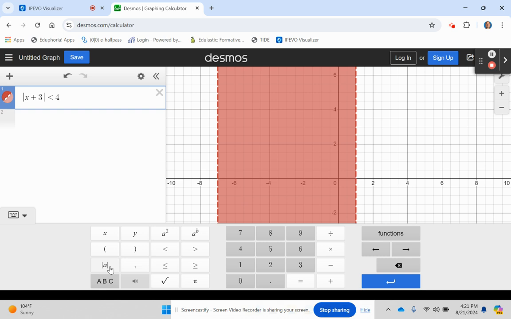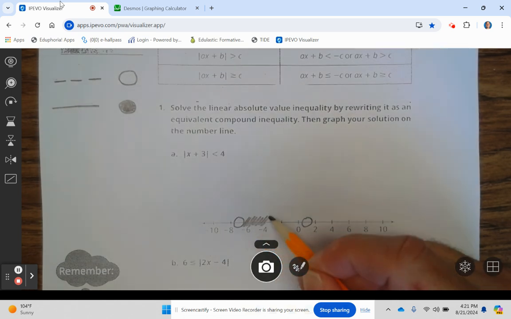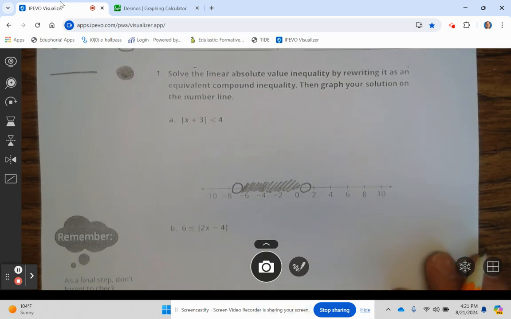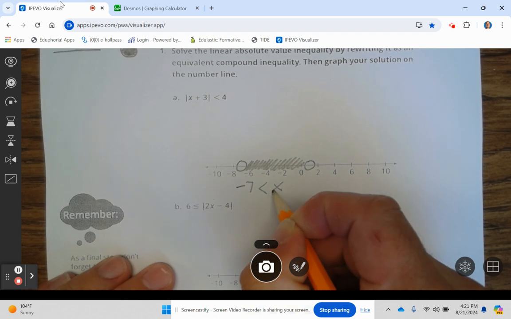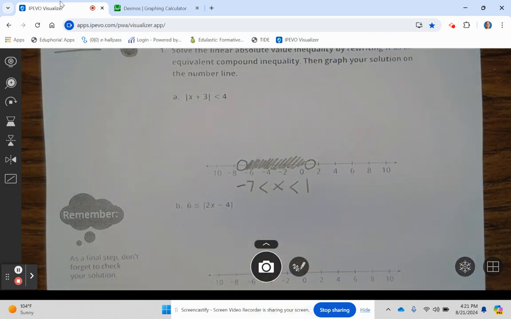So you see we have an open circle at -7 and an open circle at +1. Okay, and we're going to shade between. Okay, and then the inequality is -7 less than x less than 1. All right, go ahead and finish up 1a.